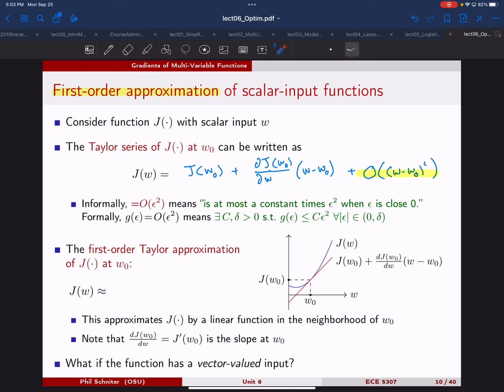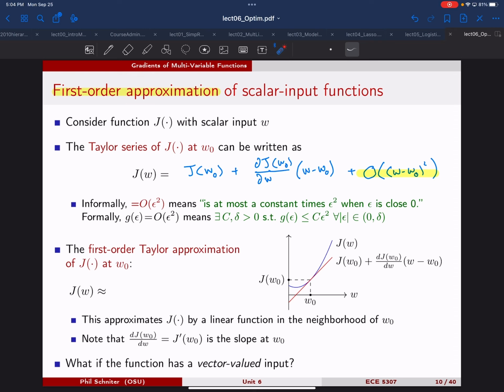So this means there always exist these two positive numbers such that this happens at least for some small neighborhood of epsilons. Okay, but basically for us, it just means there's all these terms there, but they're at most quadratic.